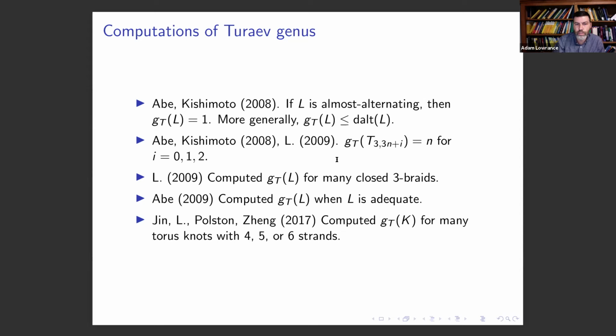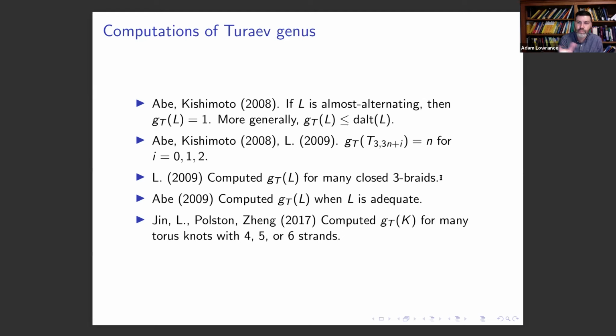And the methods I was using generalized to closed 3-braids. And so we can compute the Turaev genus for many closed 3-braids, and we can, I'll say, almost compute the Turaev genus for the rest of them. And so what do I mean by that? I could compute the Khovanov homology lower bound for them.